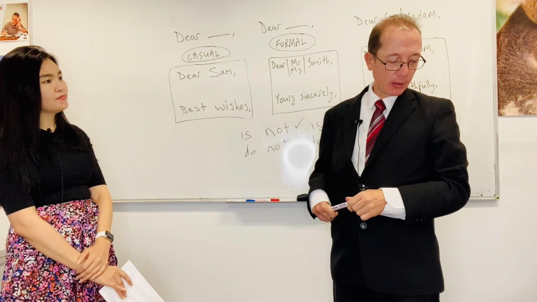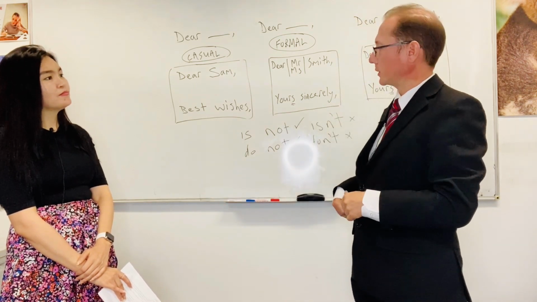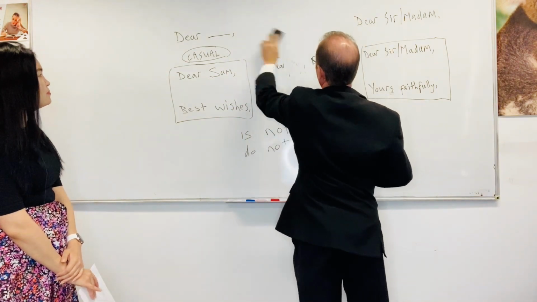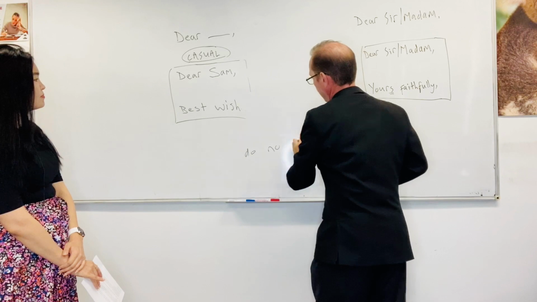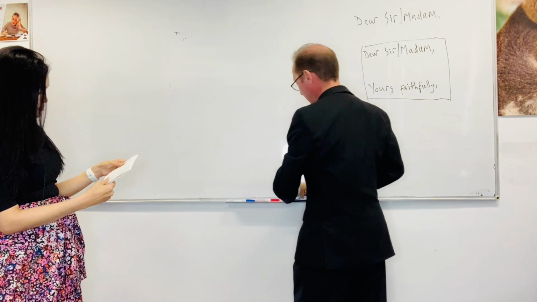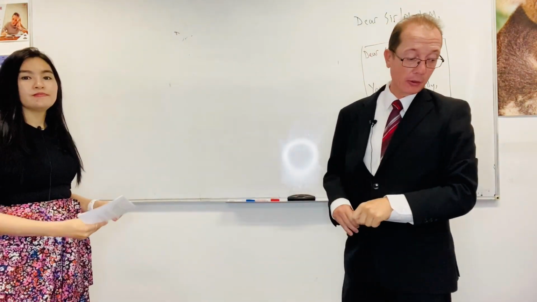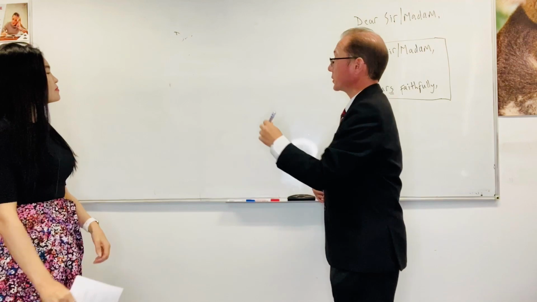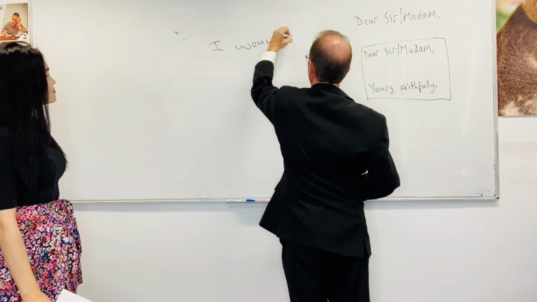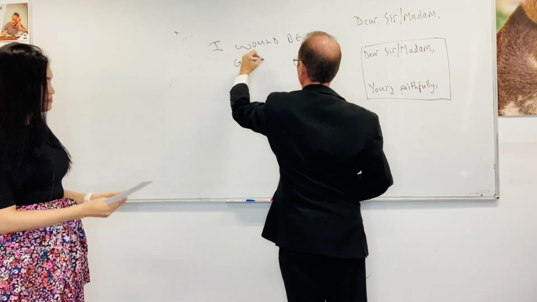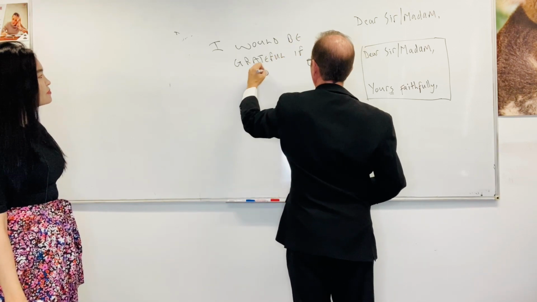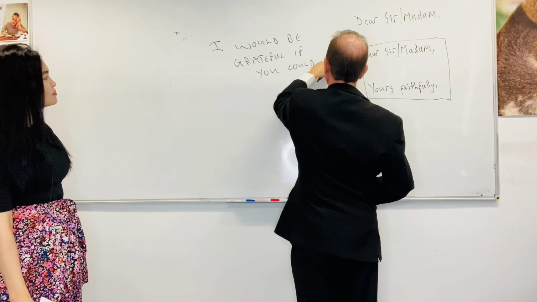And again, we don't have a lot of time here, but we'll just look at a few key phrases that could help you. There are many phrases that could help you, but some of my favourites are: I would be grateful if you could blah blah blah.